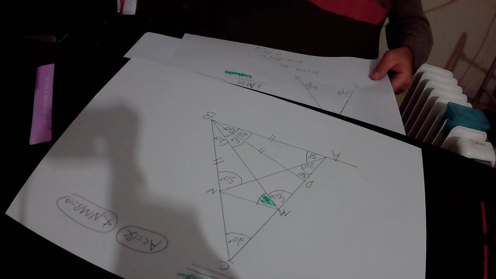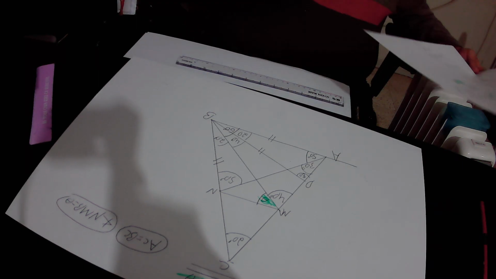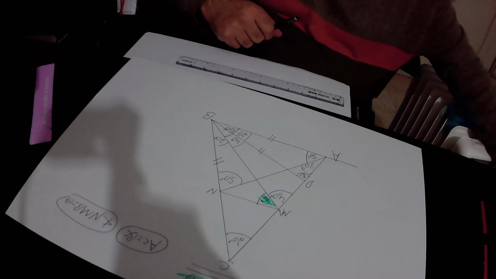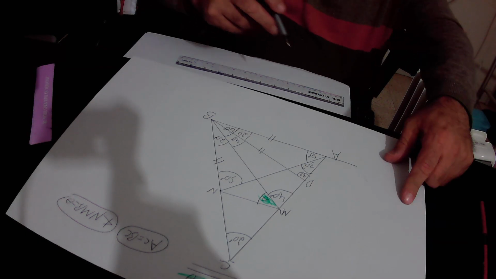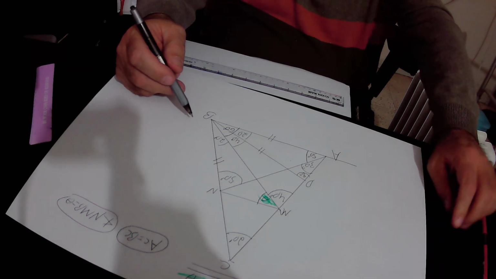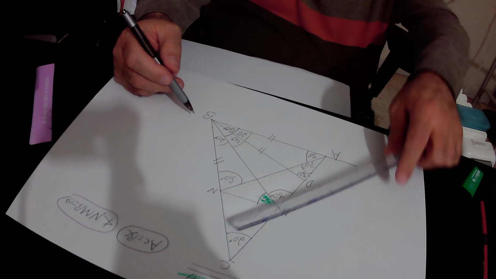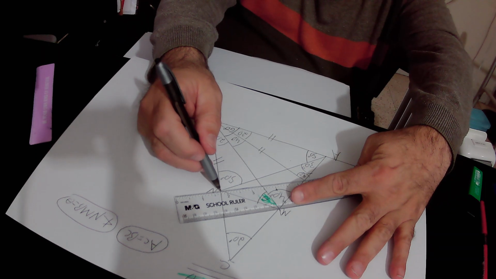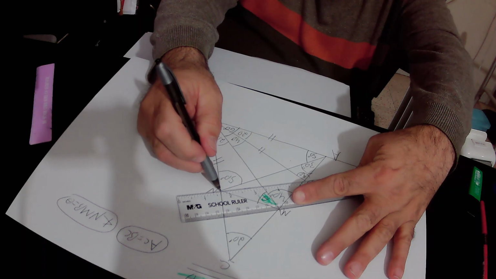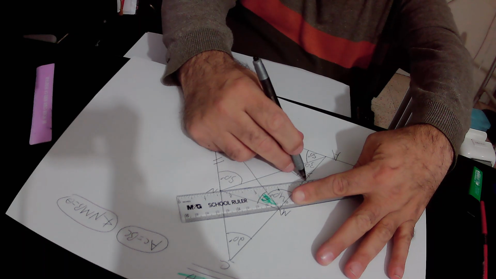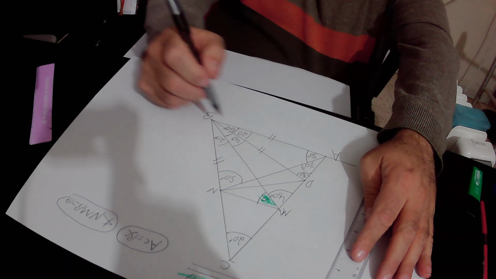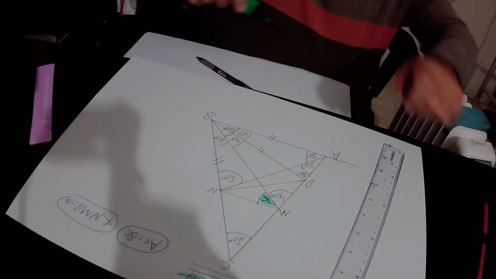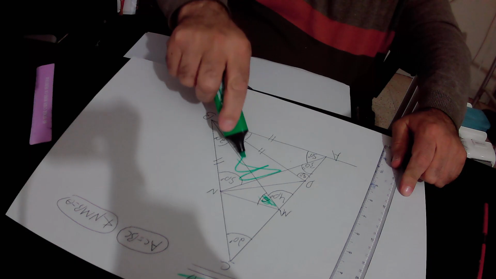And in the next step, we will join points D and N together by a straight line. We focus on the green triangle DNB.